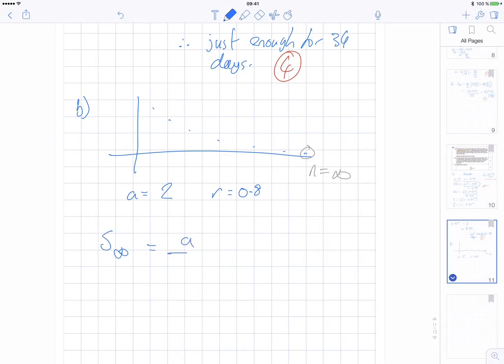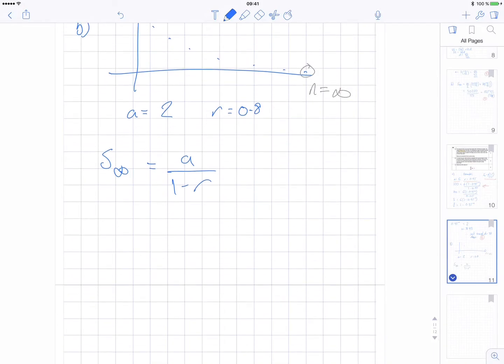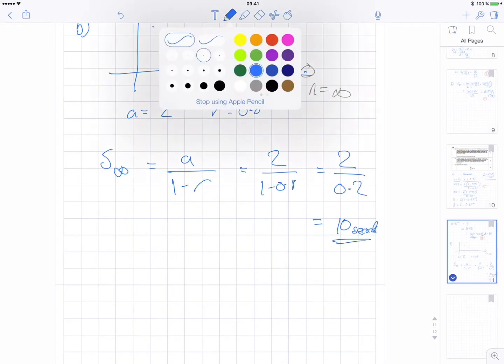That's equal to a over 1 minus r. So that's equal to 2 over 1 minus 0.8, which is equal to 2 over 0.2. Now 2 divided by 0.2, I'm hoping you all know, is 10. So 10 seconds. And that was 3 marks.